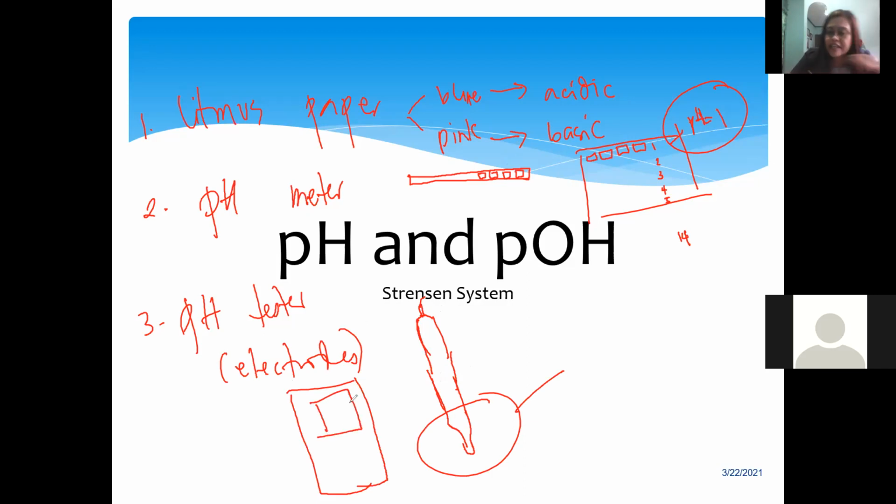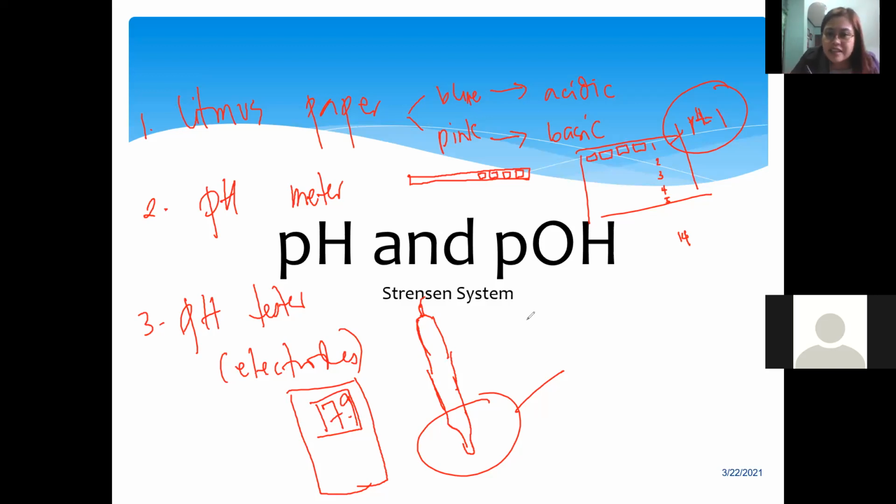So merong screen dyan, and then once na ma-read niya na yung pH ng solution, automatic magbibigay siya. Like example, the pH of the solution is 7.9, automatic na ilagay sa screen niya kasi digital yung ating pH testers. So ito yung mga ways where we can determine the pH of our solution, or we can determine if it's acidic, basic, or neutral.